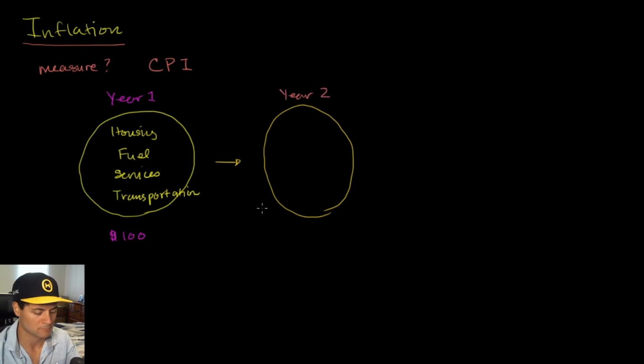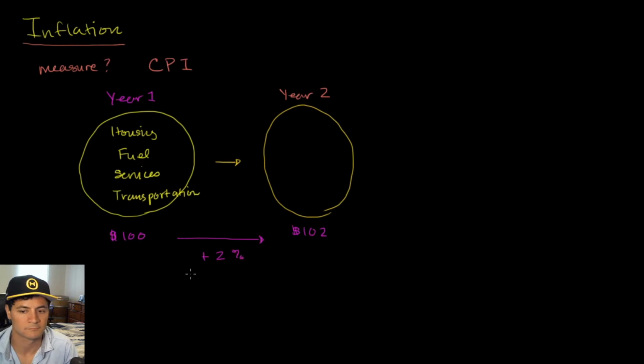In year two, let's say that same basket costs $102. Well, then they'll say that the general level of prices and services for this consumer went up by $2, or, the more important thing is by the percentage, by 2%. So based on this measure, based on this basket of goods, prices went up by 2%. Or you'll hear people on the news say that the inflation rate went up by 2%.